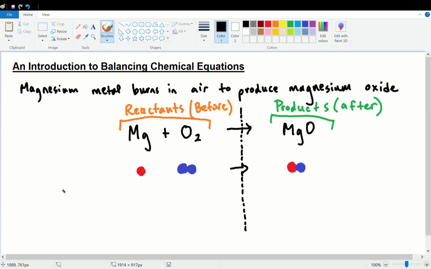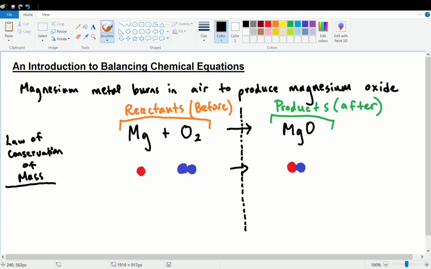And we've talked previously about this thing called, and I'm going to write this off to the side, the law of conservation of mass.